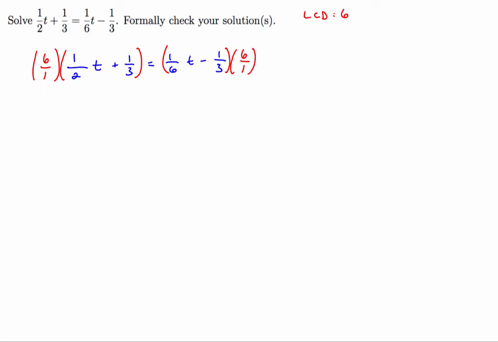Again, we're making use of the multiplication property of equality in a slightly different way than we typically do when we solve equations. Our next step is to distribute that 6/1 to both sides of the equation.